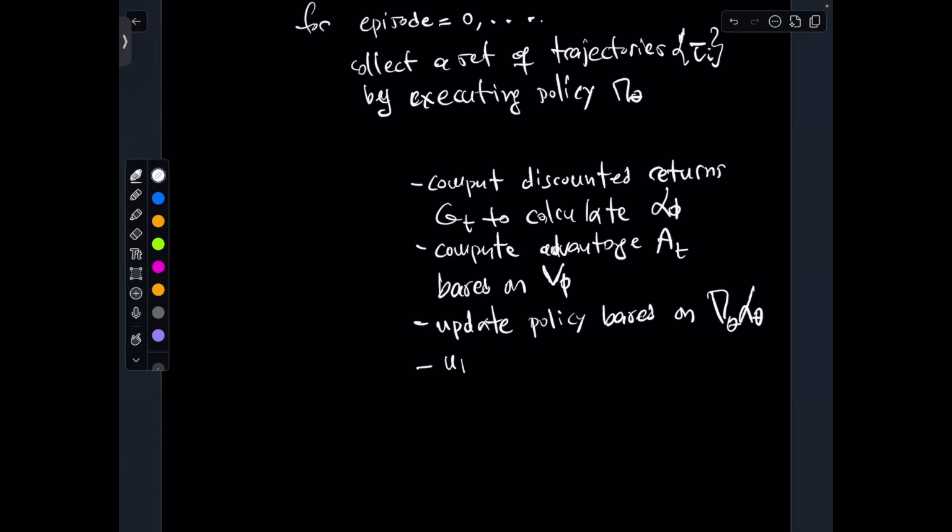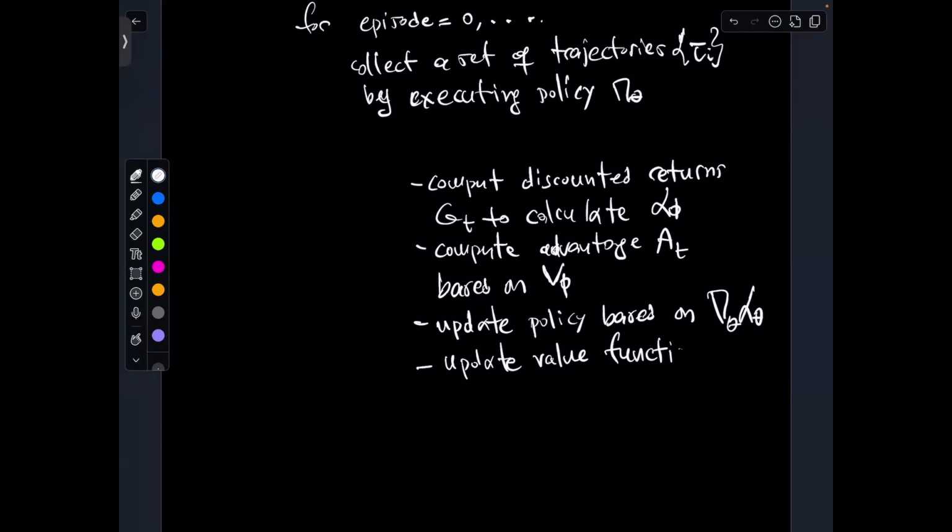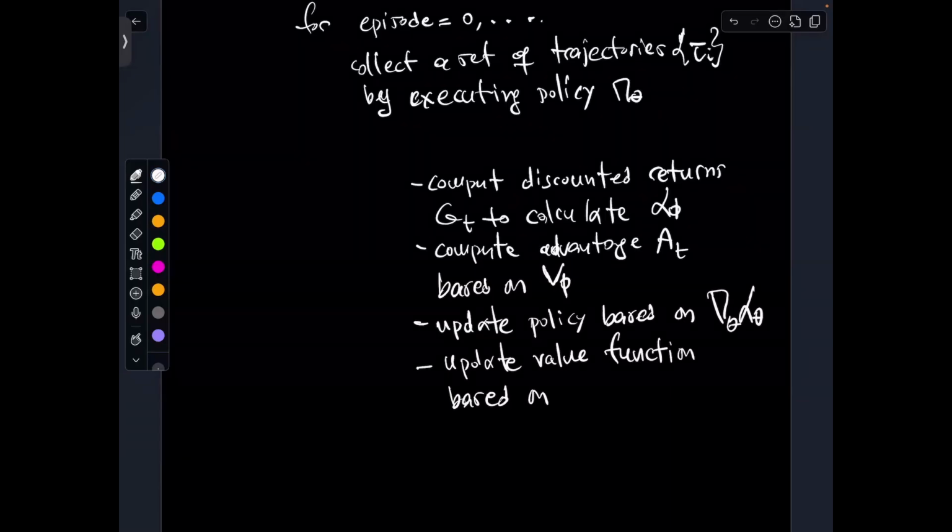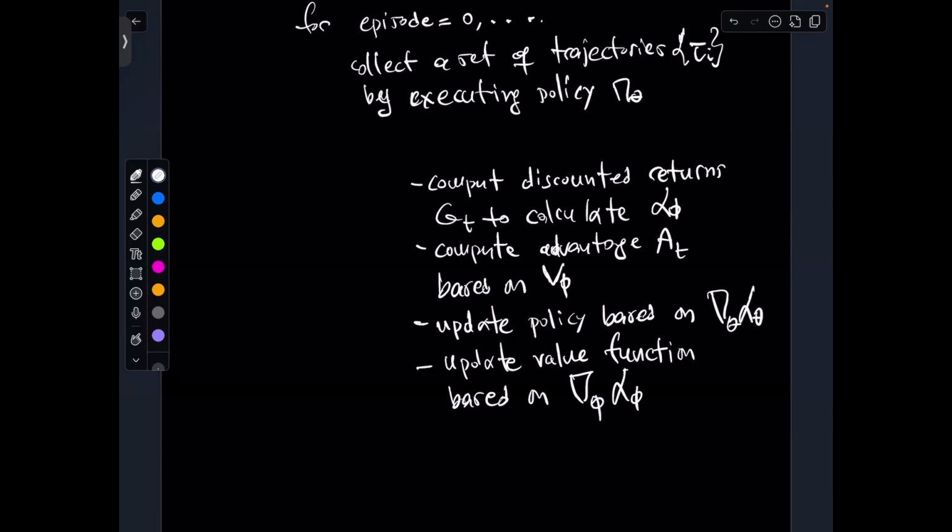And finally, we update the value function based on the gradient of the loss associated with the value function estimation.